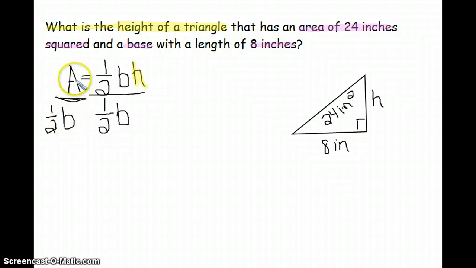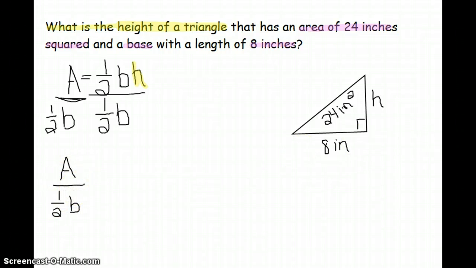If I try to clean this up, I have a divided by 1/2 b. And while that will leave my h all by itself over here, which is what I want, this is not pretty. You are not going to have fractions on the bottom of fractions. You do not simplify expressions or equations in this manner. So this is the reason why I said don't write anything, because this is not correct.